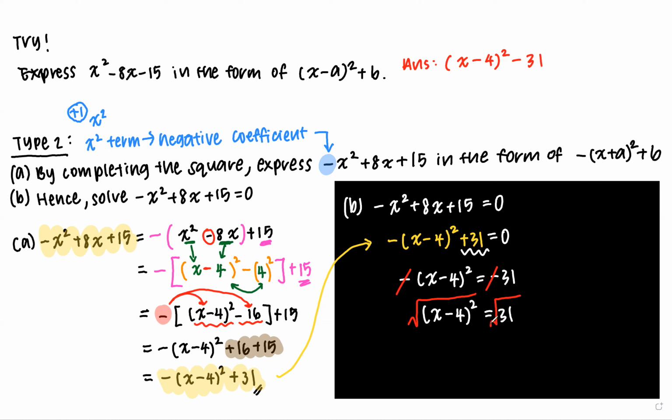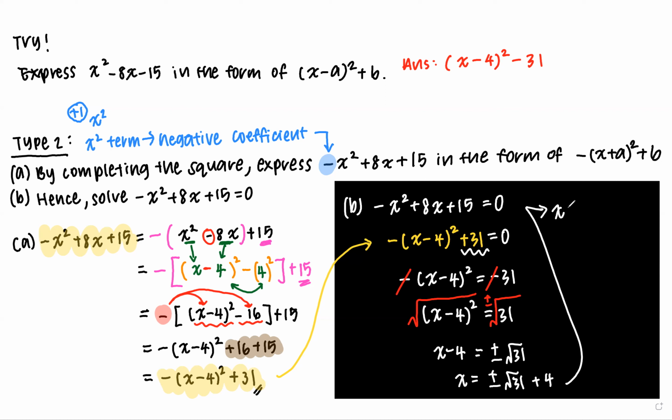You need to put a plus minus. So it means that at the end of the day, you just get x minus 4 is equal to plus minus square root 31. And what does that mean? That means that x is actually equal to plus minus square root 31 plus 4.